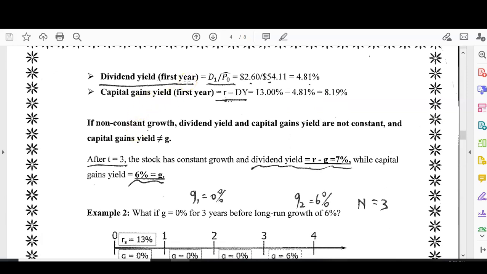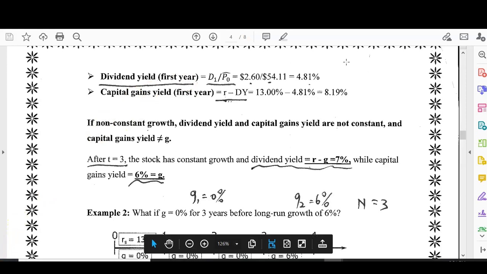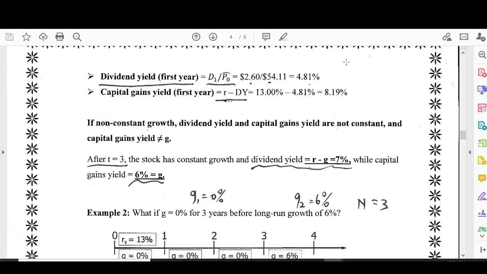For the first year, because it's not in a constant growth model setting, we can only use our definition for dividend yield and capital gains yield. For dividend yield, by definition, it should be D1 over P0. We know both numbers, so we can just plug the numbers in, and we have 4.81% as our dividend yield.